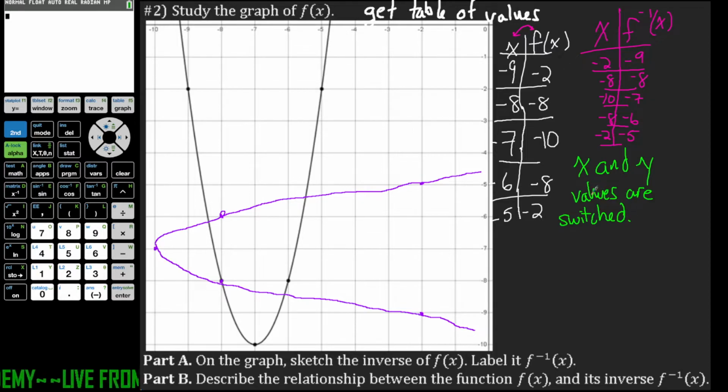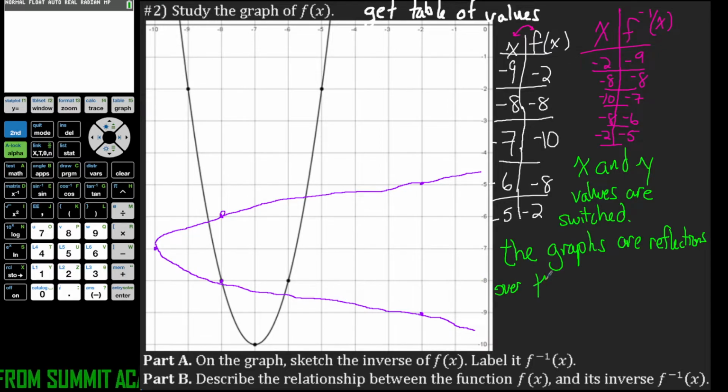Again, that we're talking about from the inverse to the normal function. We're talking about the graphs. The graphs are reflections over the y equals x line.